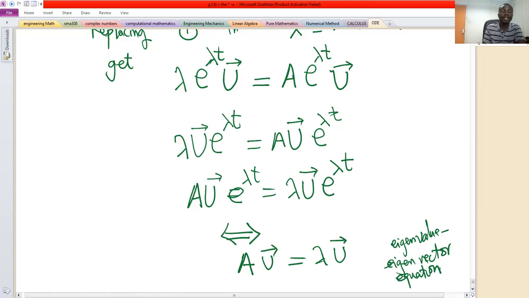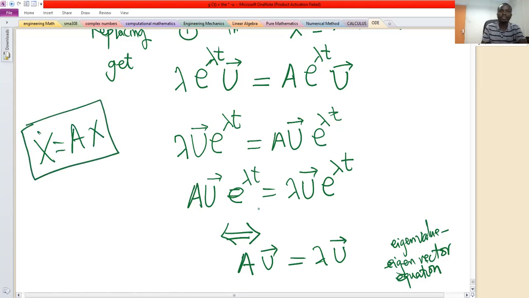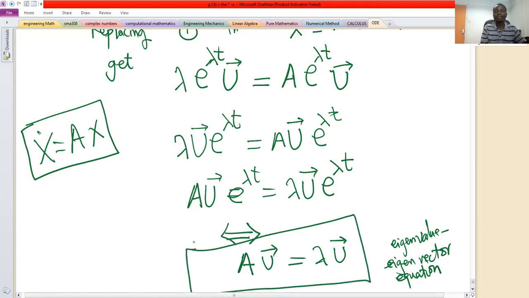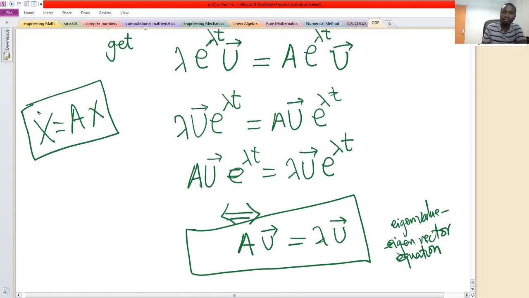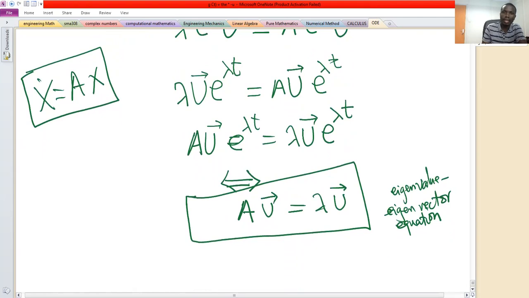So it tells us that the assumption that x is given by e raised power lambda t times vector u will help us solve the differential equation x dot equals A x, since if we simplify, we still get the usual eigenvector equation.